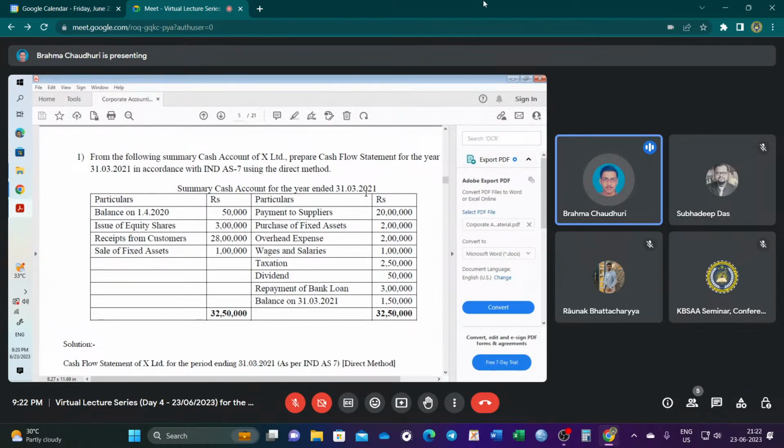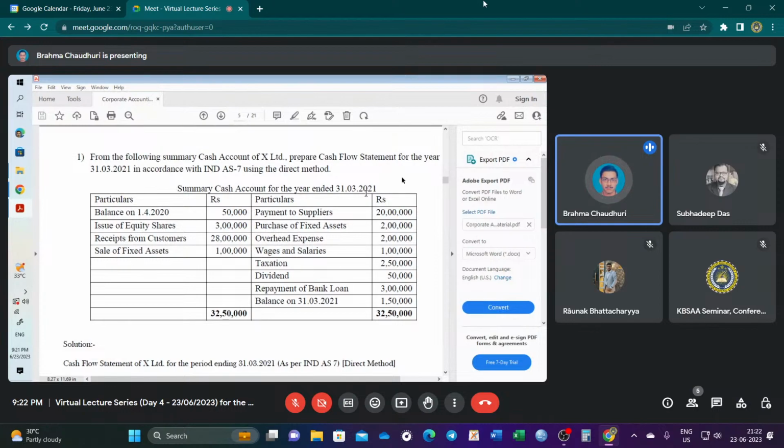This is the one type of problem where you can ascertain whether you have solved the sum correctly or not, just by adding the opening cash and cash equivalents. And if you arrive at the closing cash and cash equivalents, then you will know that you have solved the problem correctly.